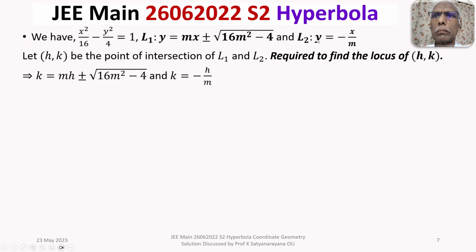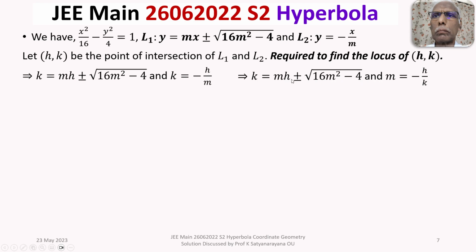And from L2, k is equal to minus h by m. The first equation is as it is, and from the second equation we write m is equal to minus h by k.